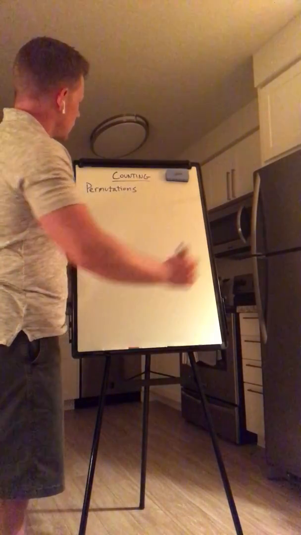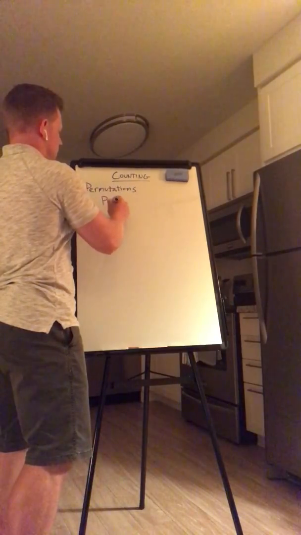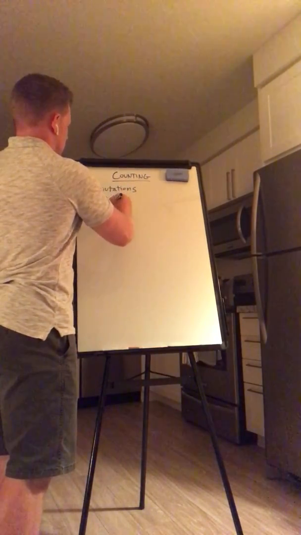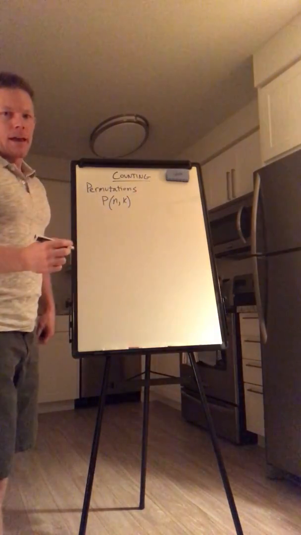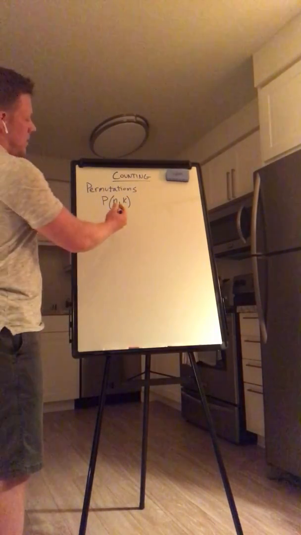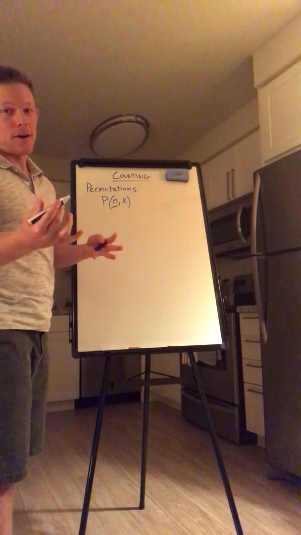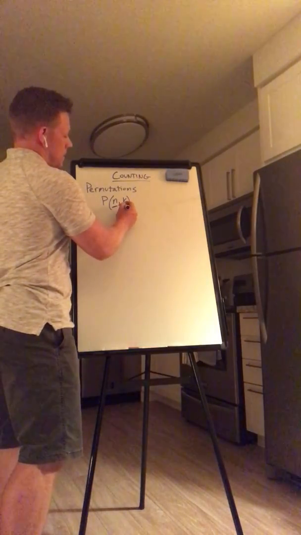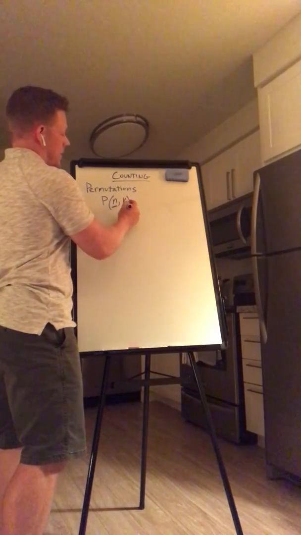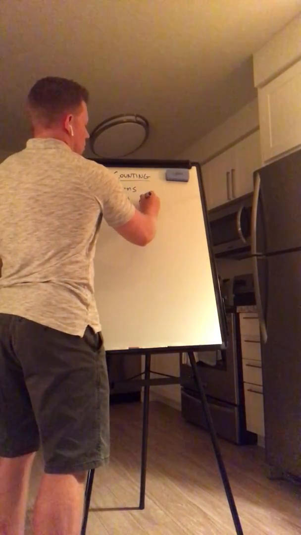So we're going to denote this with a P. This is how many texts do it: P(n, k). What this means is, out of n objects, how many ways can I pick k of them? And we're going to say order matters.